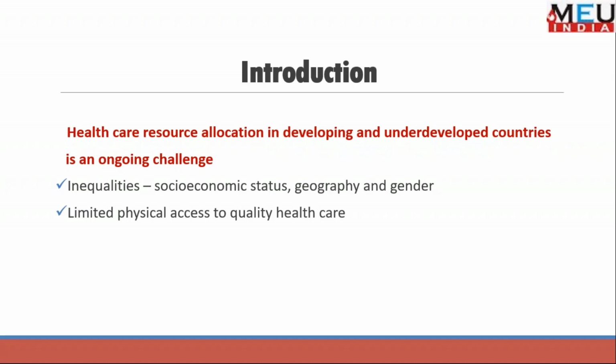There's also limited physical access to quality care and inadequate human resources for health. In India, the urban-rural ratio of health professionals is skewed. We all know that the majority of the health professionals are in the urban areas.